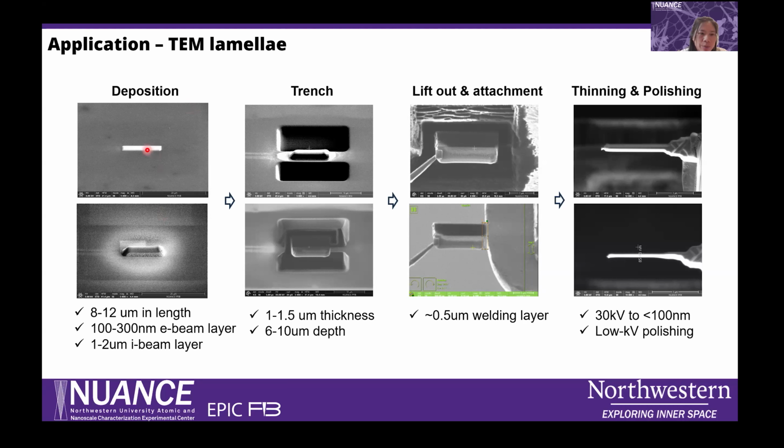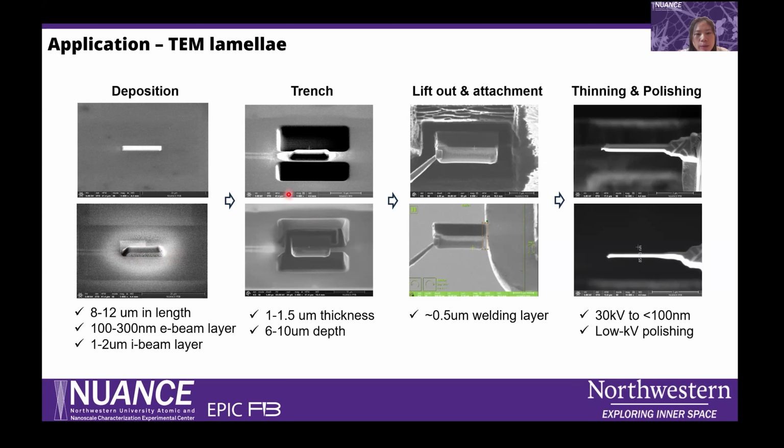So we need an optional electron beam capping layer. If you care about the top, like 50 nanometer, surface structure, then you should use the electron beam capping layer, and then use a relatively thicker, like 1 to 2 micrometer, ion beam capping layer to protect from the damage of milling.